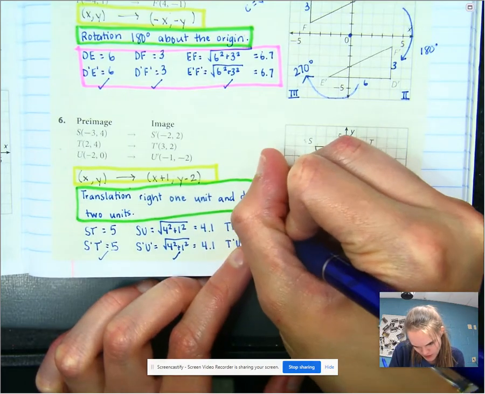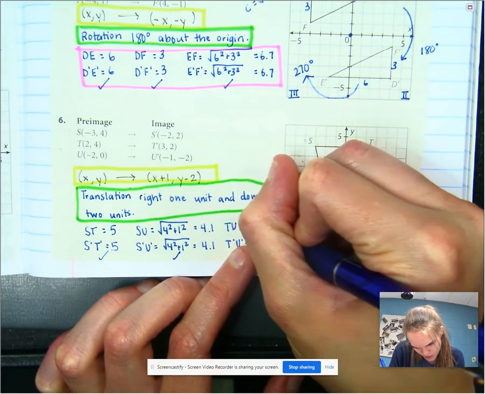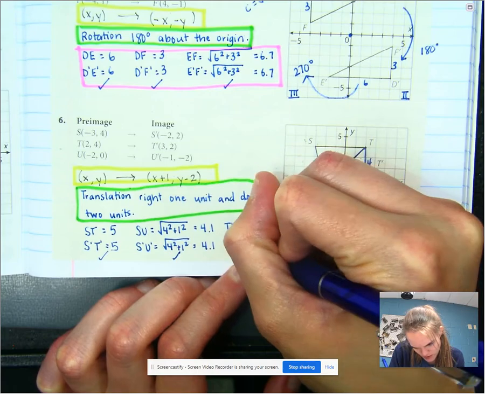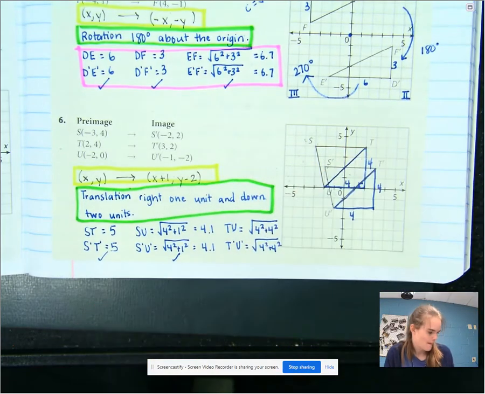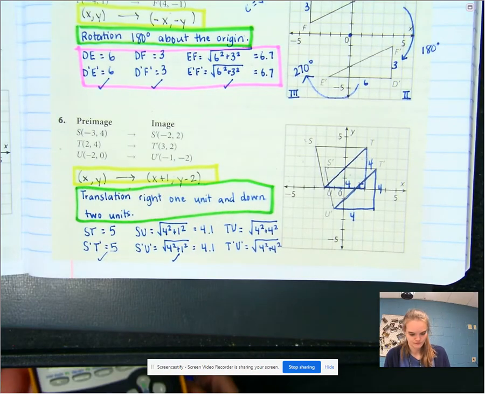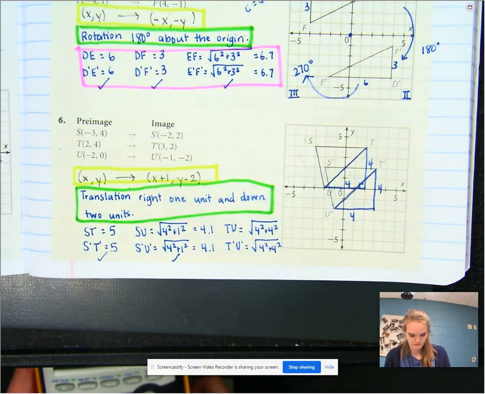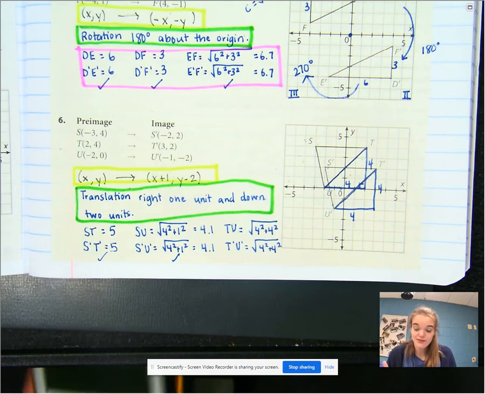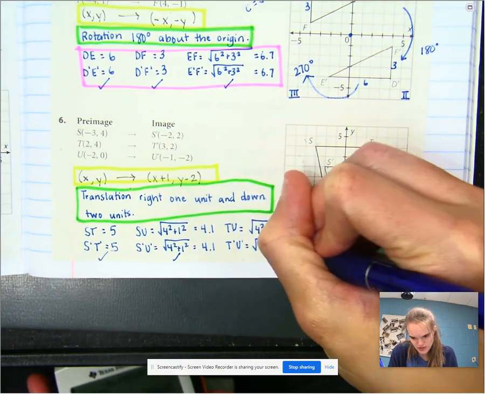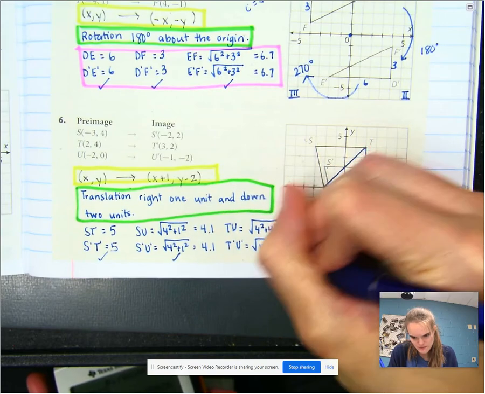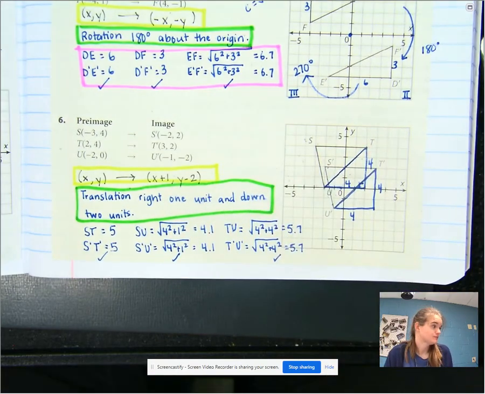But let's go ahead and just find it out. 4 squared plus 4 squared. That's 5.7. Check.